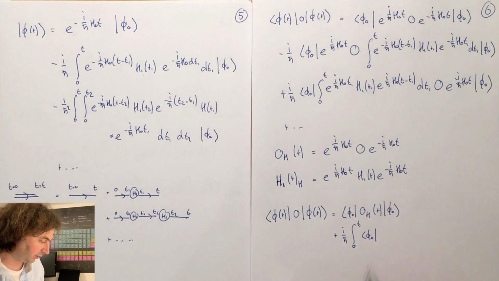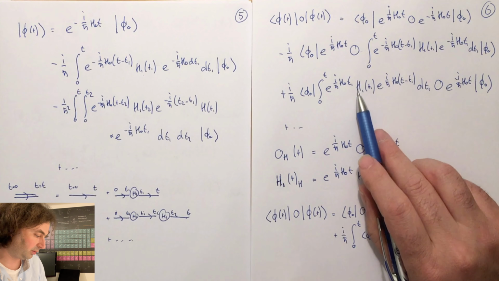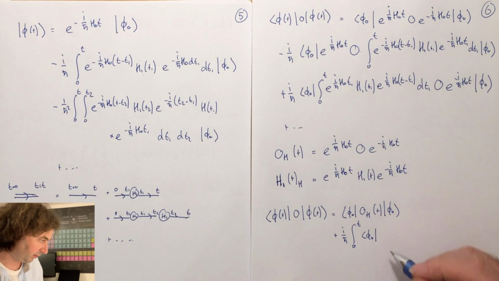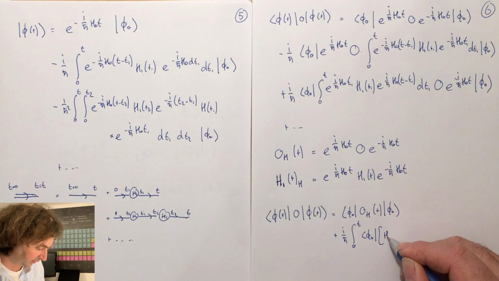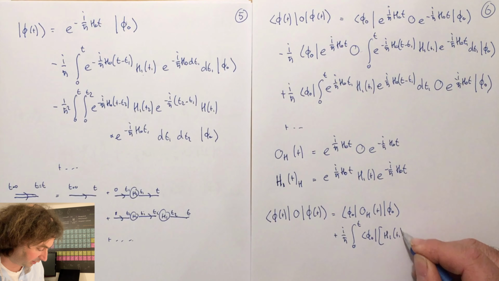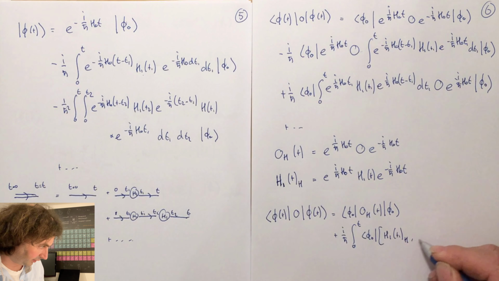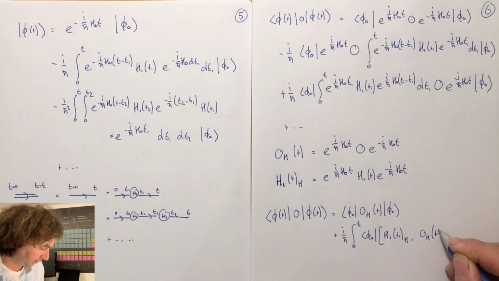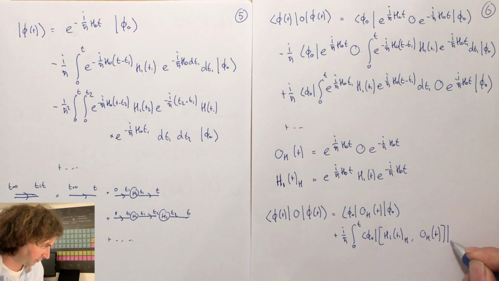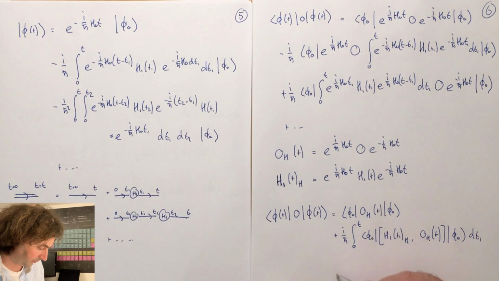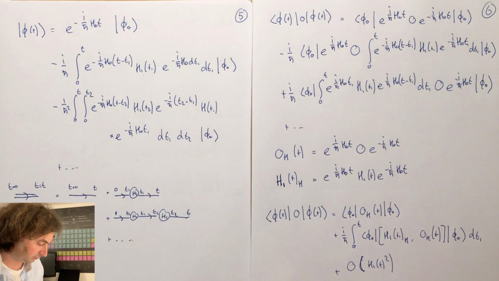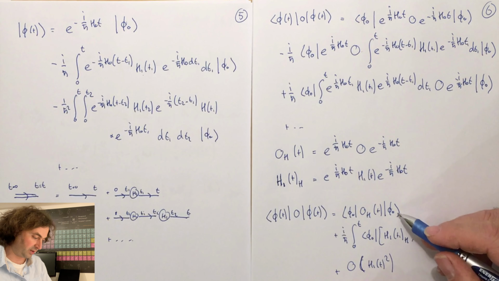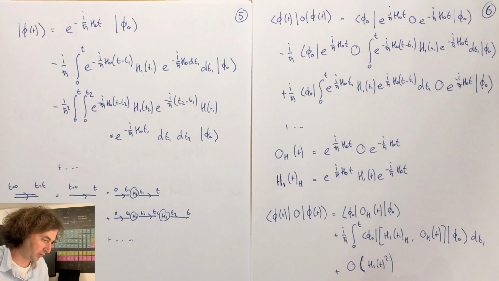So this is psi 0, and we have OH h1 minus h1 OH. So that gives you the commutator between h1 at time t1 in the interaction picture with OH at time t in the interaction picture, of psi 0 dt1, plus O(h1 of t squared). So the zeroth order and the first order response of your system.